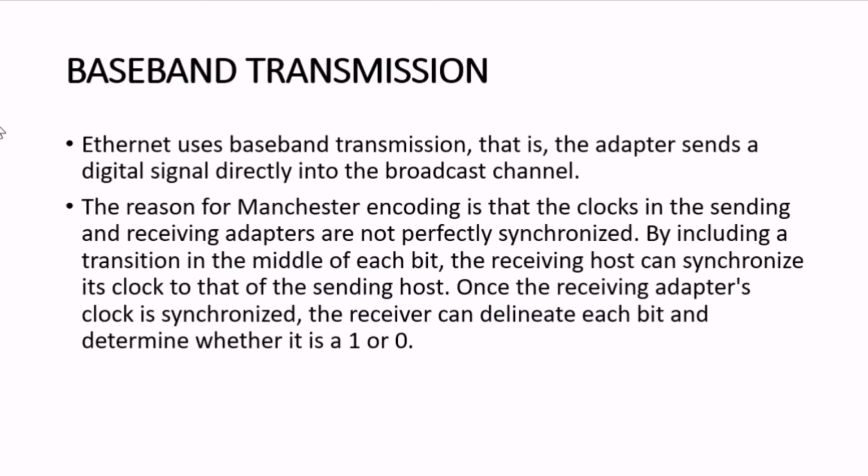Ethernet uses baseband transmission. That is, the adapter sends a digital signal directly into the broadcast channel. The reason for Manchester encoding is that the clocks in the sending and receiving hosts are not perfectly synchronized. By including a transition in the middle of each bit, the receiving host can synchronize its clock to that of the sending host.